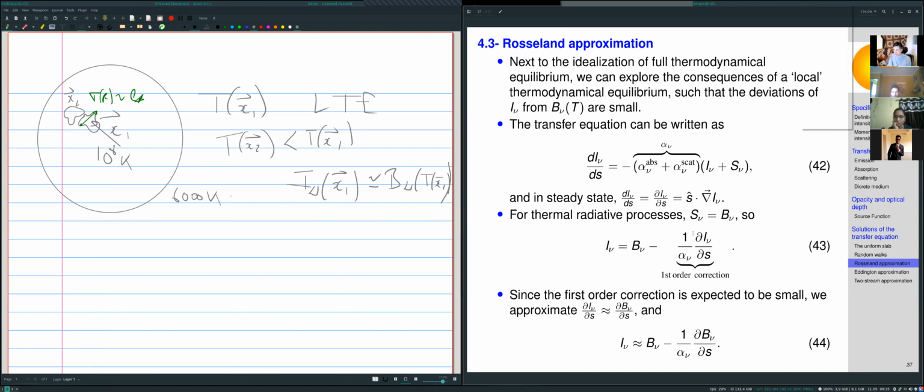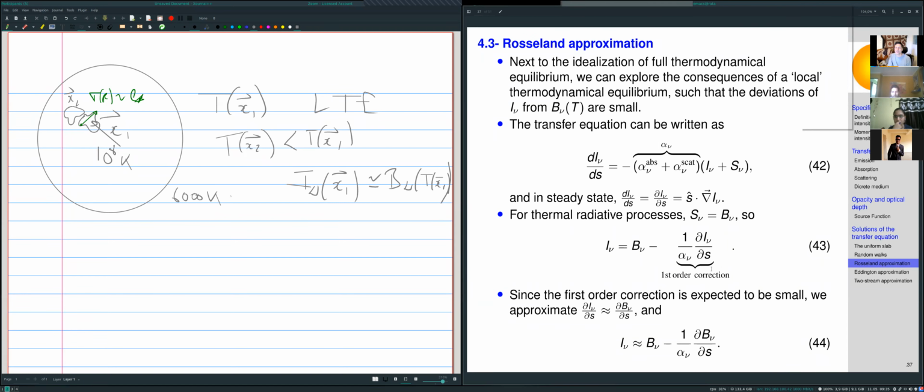So we can rewrite equation 42 as equation 43 here, where we replace this total derivative by the partial derivative, and solve for I nu. So we have I nu is close to the source function, which is the Planck function, but there is this small perturbation term.